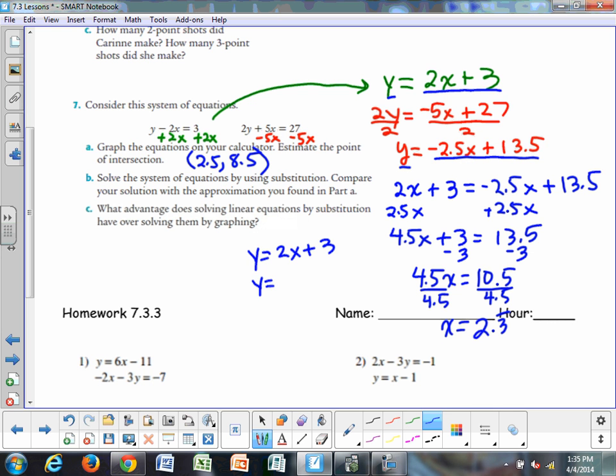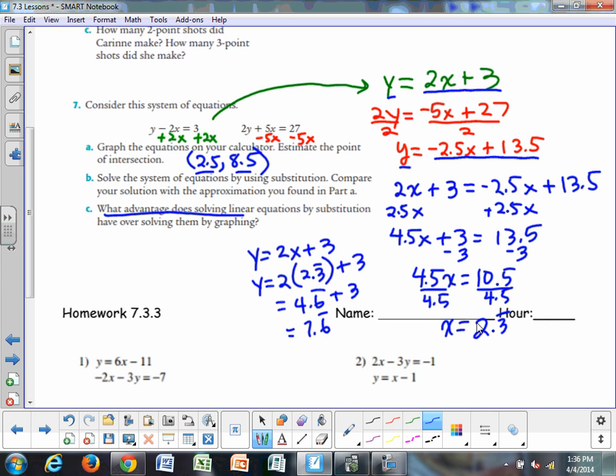So I need to do 2 times 2 1/3 plus 3, and that's 4.6 repeating plus 3, which is 7.6 repeating.